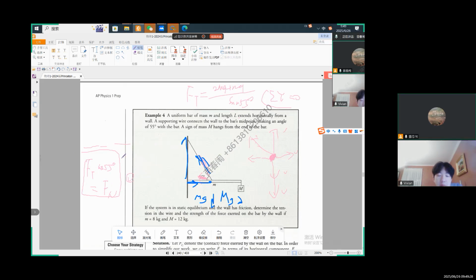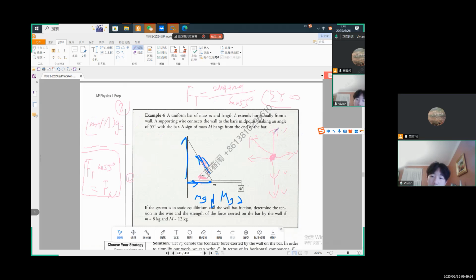How about vertically? Vertically it's mg plus mg, and that has to equal the tension pulling it up, the vertical component of the tension.